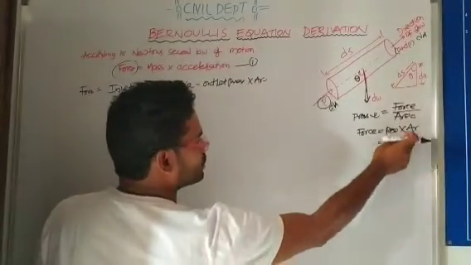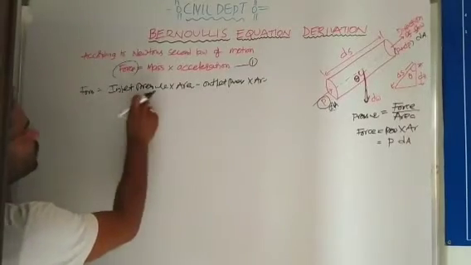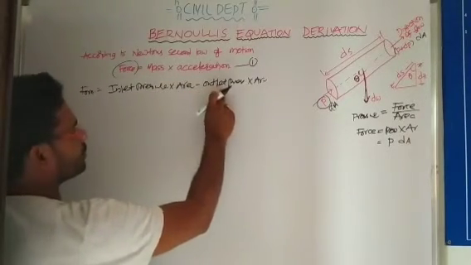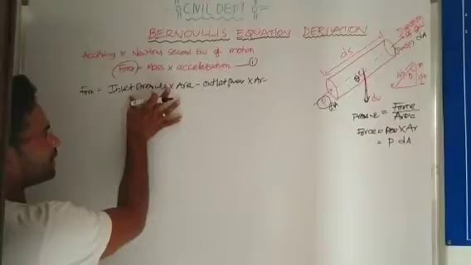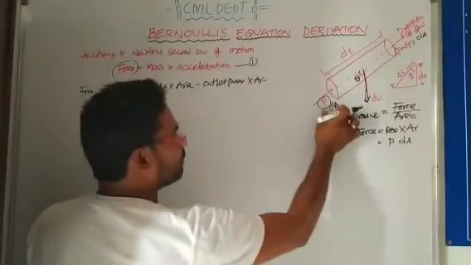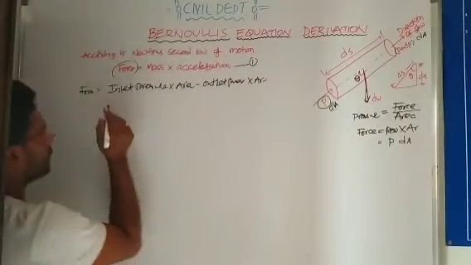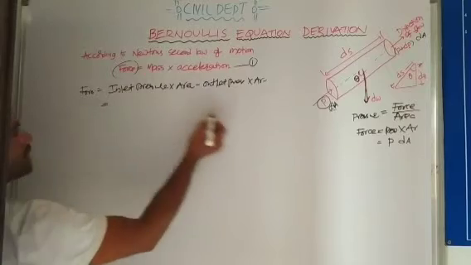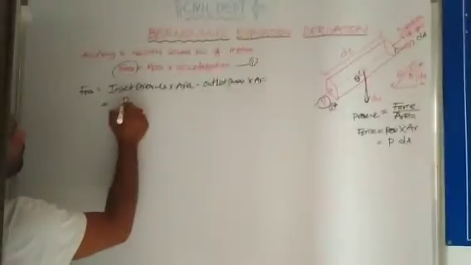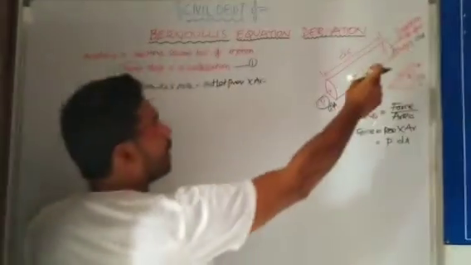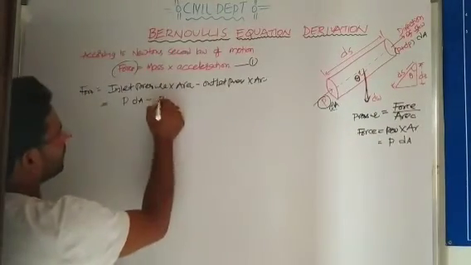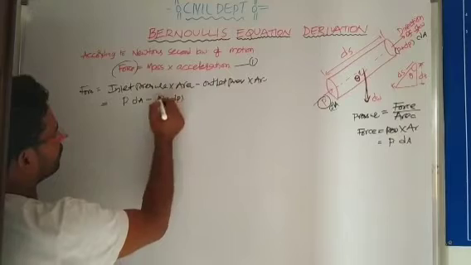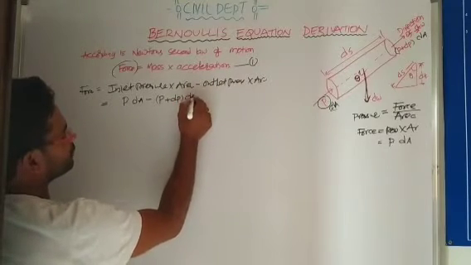Pressure is equal to force per area. Inlet pressure and outlet pressure. So the inlet pressure is P, area dA, minus the outlet pressure, P plus dP, into area.